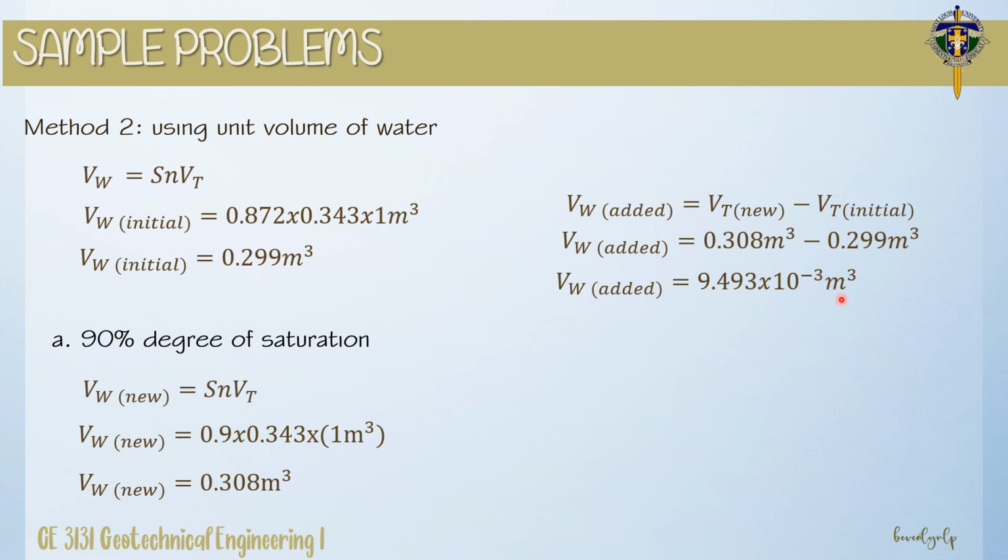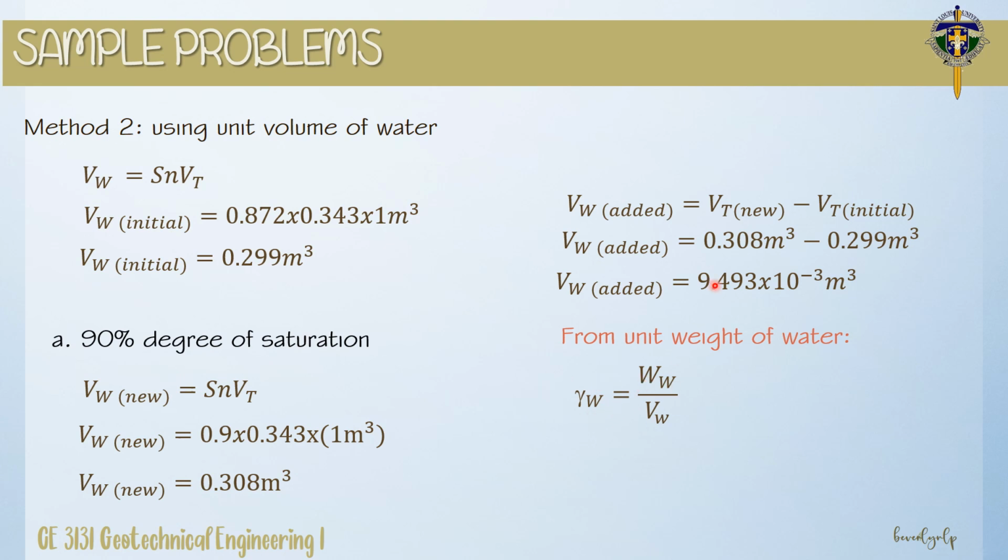But since what is being asked is the weight, let us continue the solution, because we only arrived at volume, and what is required is the weight. From the unit weight of water, we know that unit weight is simply weight divided by volume. Since we are talking about water, the unit weight of water is equal to the weight of water divided by the volume of water. From here, our unit weight of water is 9.81.